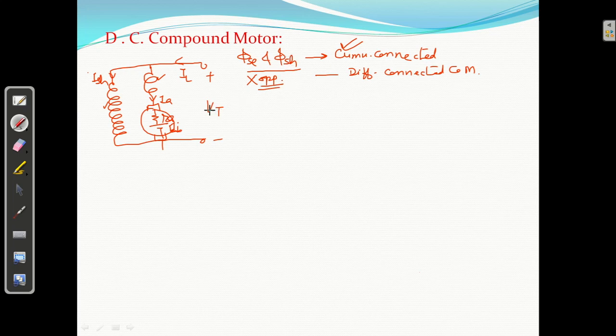Clear? We are going to discuss the cumulatively connected compound motor. I am stopping here, and I am going to discuss the speed versus armature current and torque versus armature current characteristics for the compound motor in the next slide.